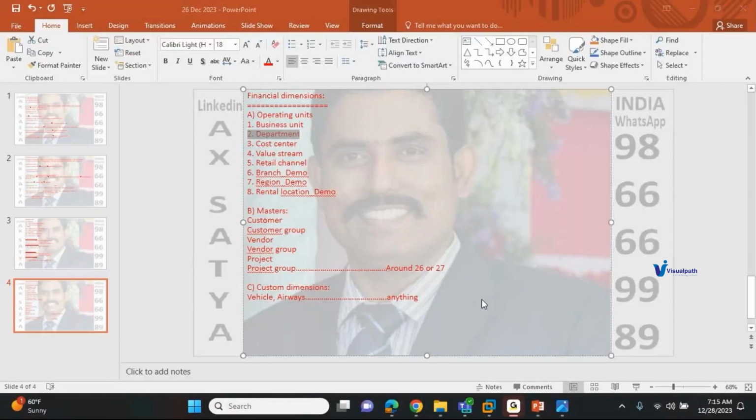Which mode of travel will you prefer if you are going from Hyderabad to Bangalore? Anyone? Flight, train. I prefer flight. You prefer flight. Okay. Any other opinion?